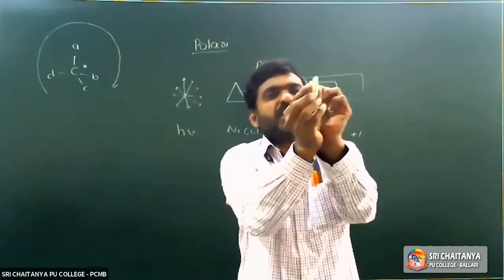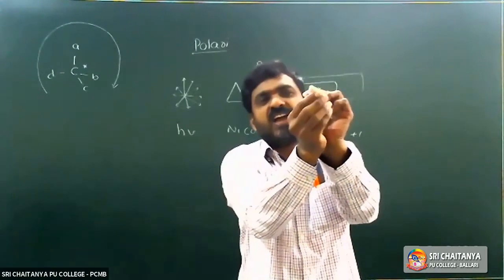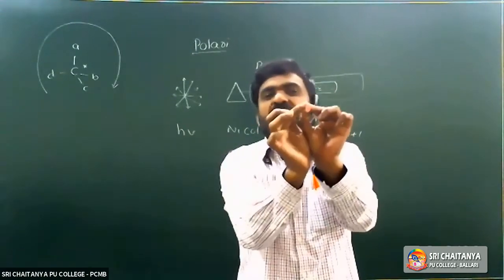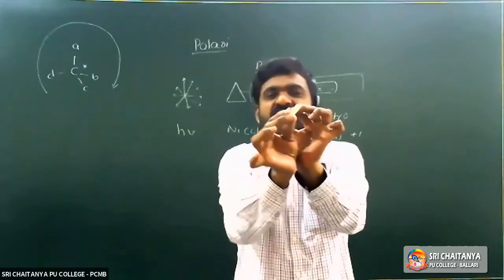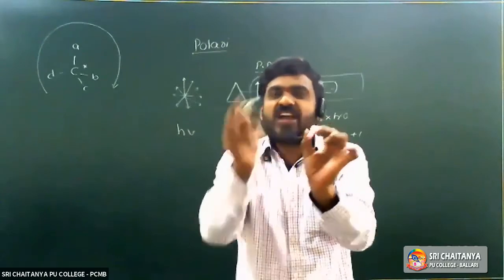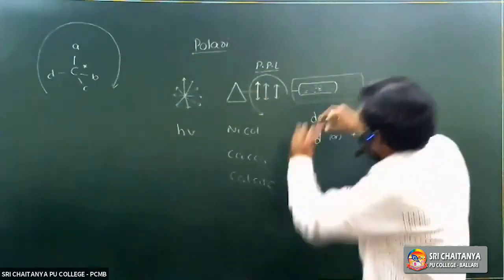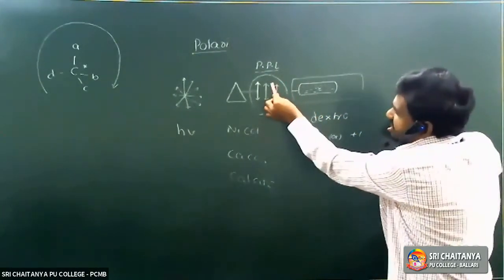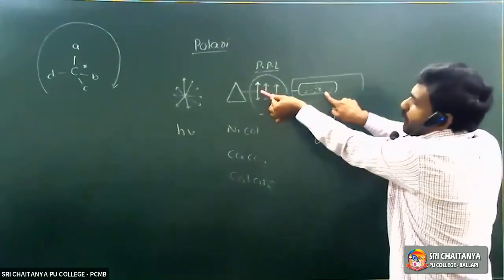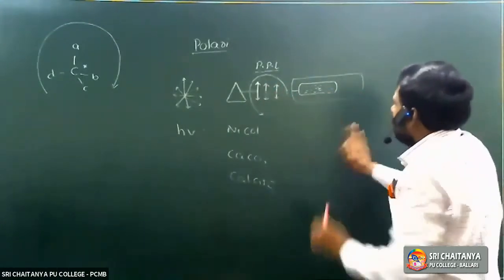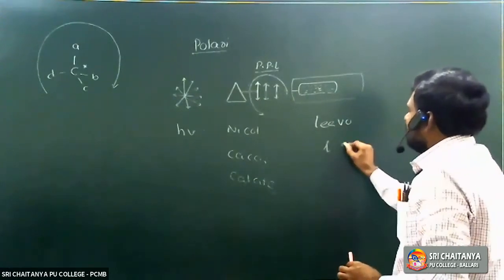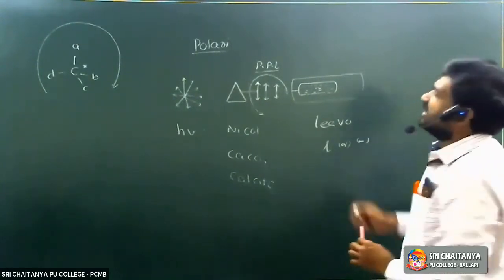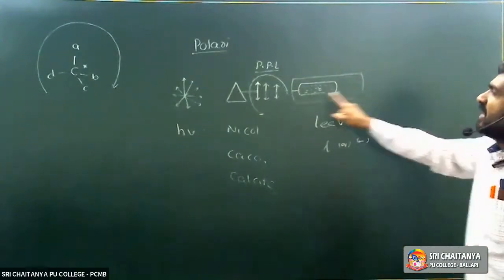The substance which rotates plane polarized light clockwise is a dextrorotatory compound. The compound which rotates plane polarized light anti-clockwise is called a levorotatory compound, denoted by small l or minus. That is the polarimeter experiment.